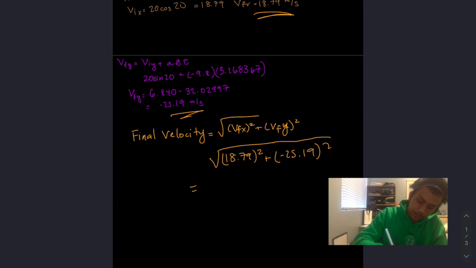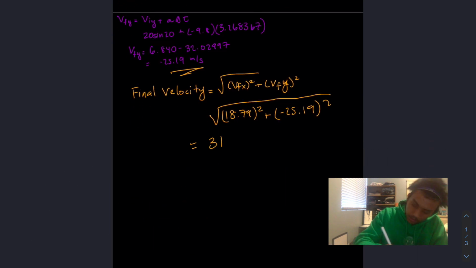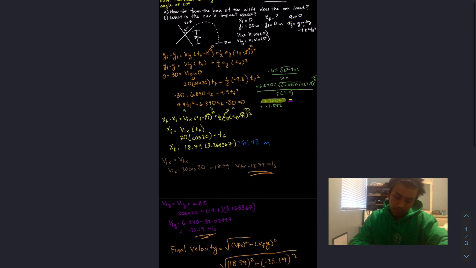Your impact speed is going to be 31.43 meters per second. And that is how you do problem 4.75.